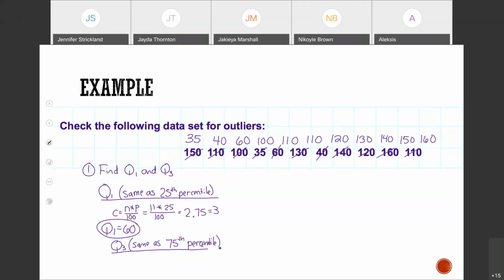All right, so we'll do the same thing. We'll set up our formula. We still have 11 numbers. This time for the p-value, we're going to plug in 75.